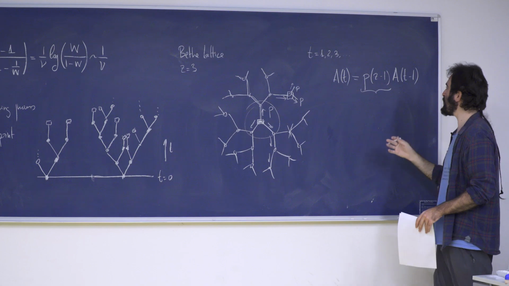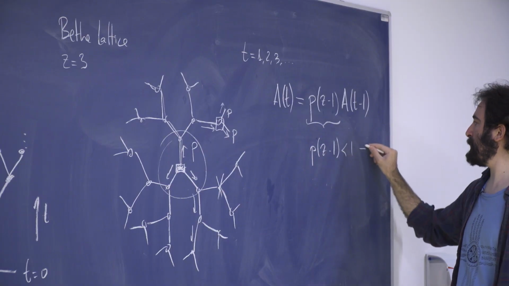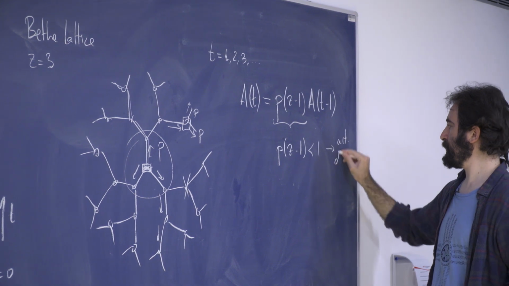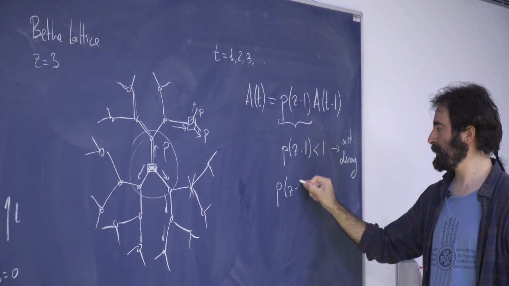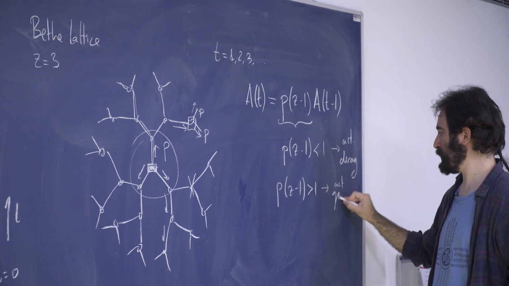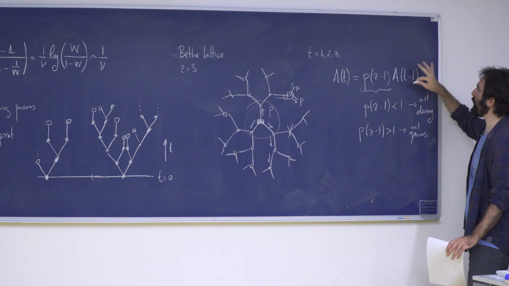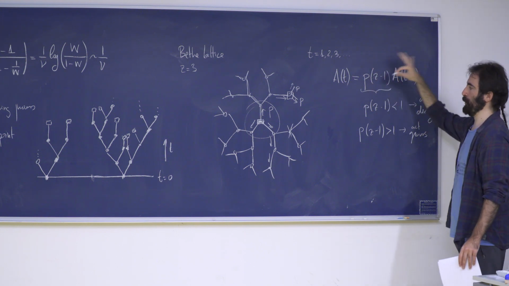Well, the only way that this happens is if this is less than 1, then activity decays. Whereas if this is larger than 1, activity grows, right? Because I would be multiplying a value by something that is larger than 1 and keep doing so.